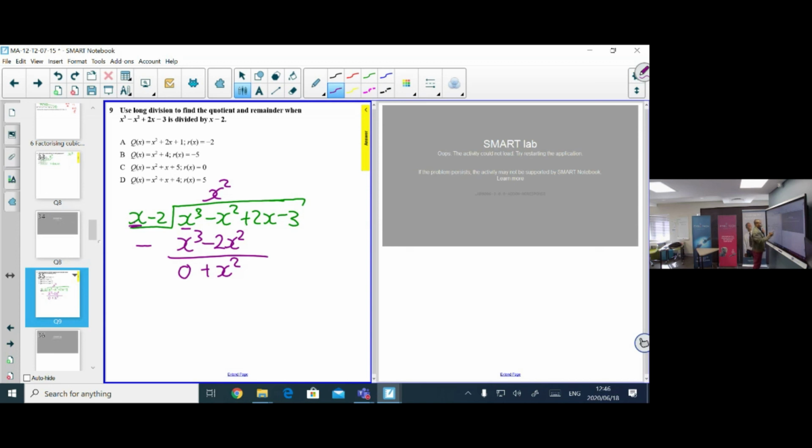Then you bring down your plus 2 from this, and then again you might choose not to write this because it's a 0, and then you're again dividing with that x into that, and then you get positive x.